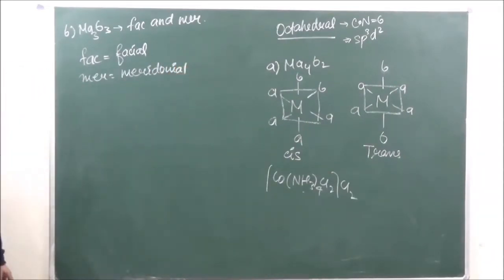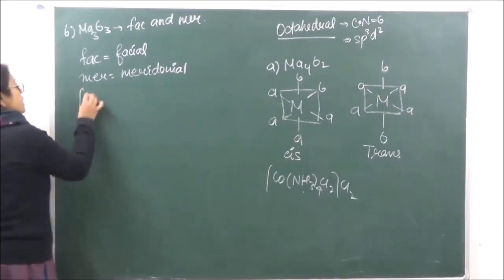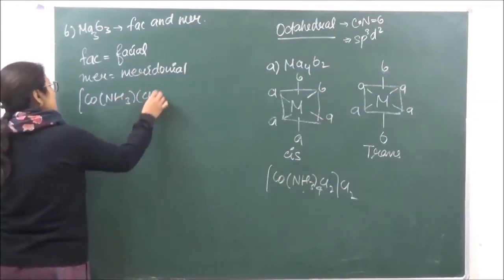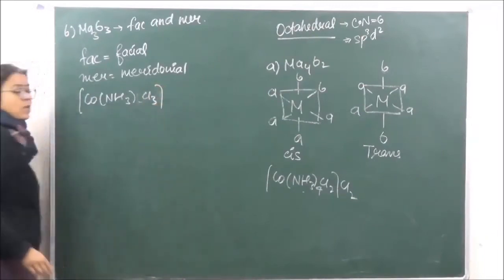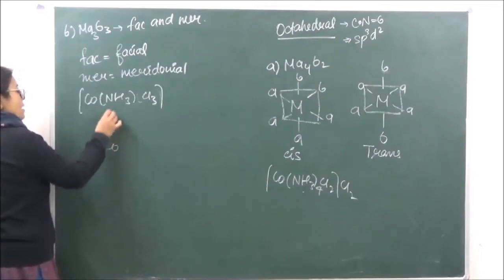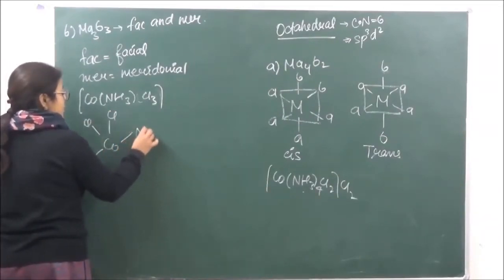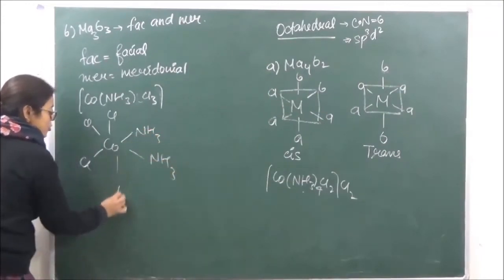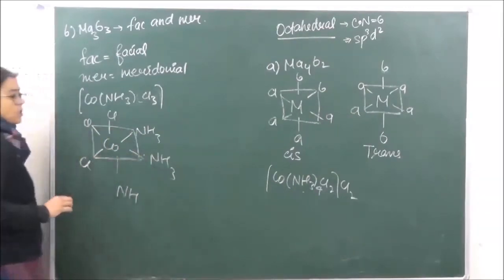Let's understand these positions. Now over here we are taking an example of CoCl3(NH3)3. Okay, so we have cobalt, Cl, Cl, Cl, and we have NH3, NH3 and NH3. Now when you are looking at this particular compound, what can you see?